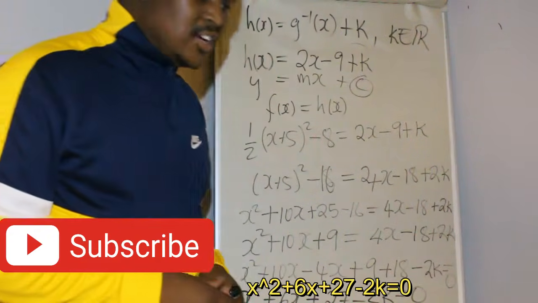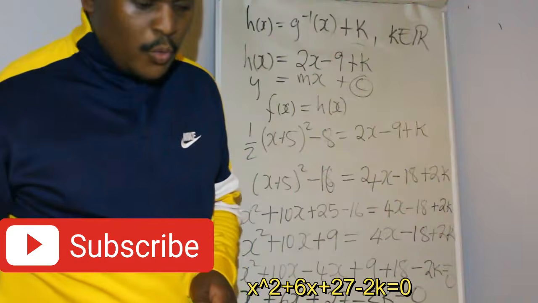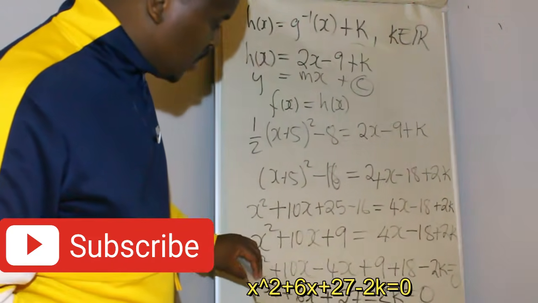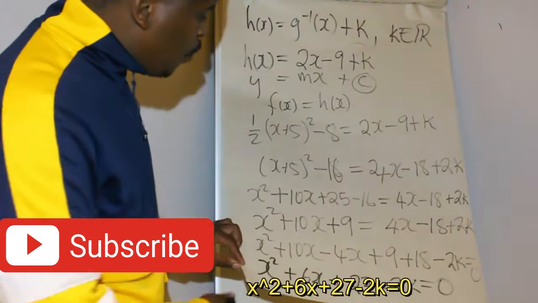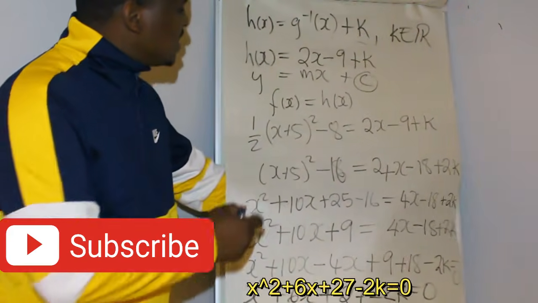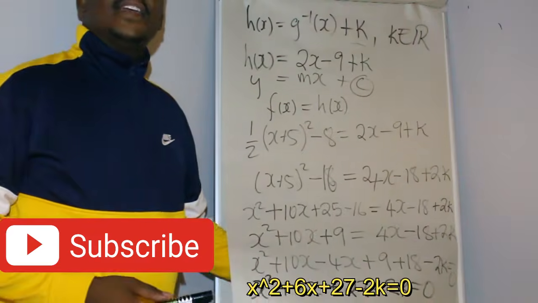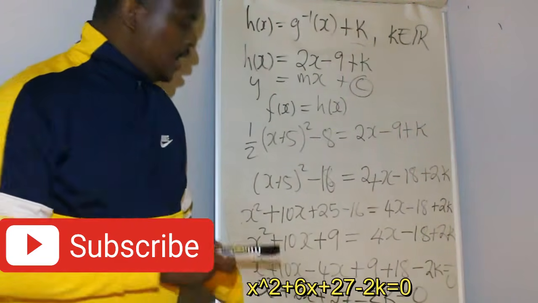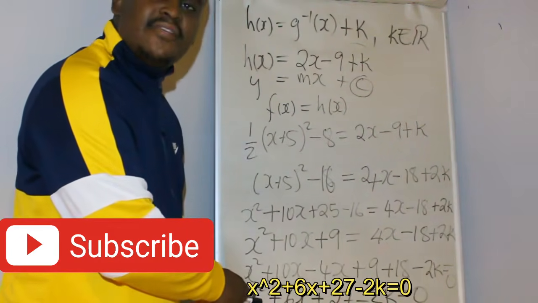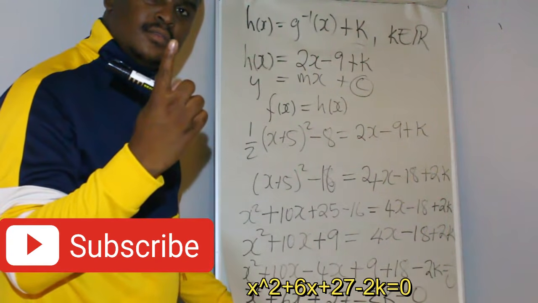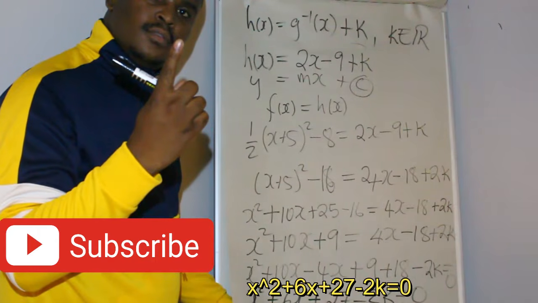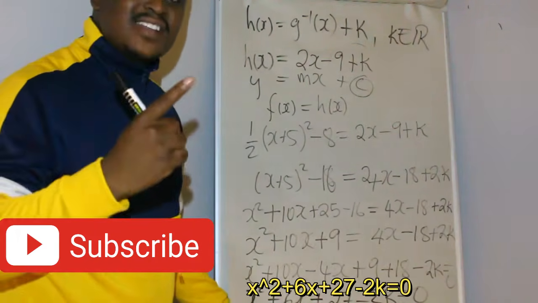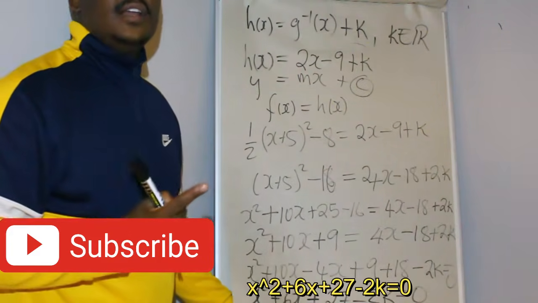Since h is a tangent of this, these things only meet once, so this equation should have one real solution, one equal solution.